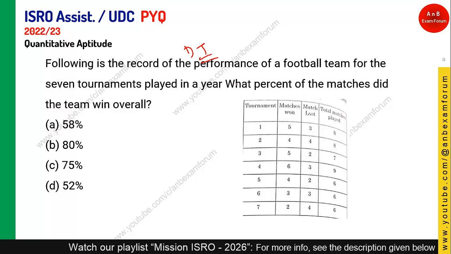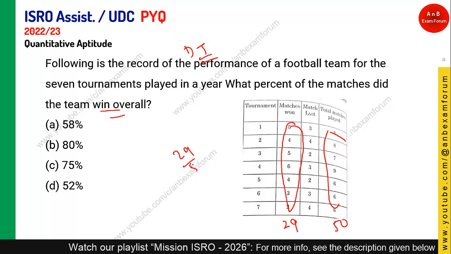The next question is from DI, but a very simple one. The question says the performance of a football team over 7 tournaments. So there are 7 tournaments a team has played in a year, and we need to tell the overall win percentage. Win percentage is very easy. You calculate the total number of wins. If you sum all the matches won, it becomes 29, and the total number of matches played becomes 50.